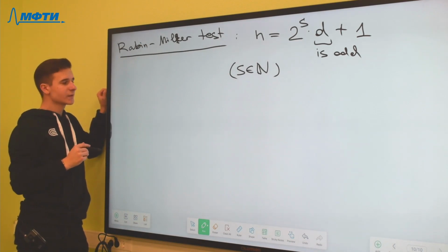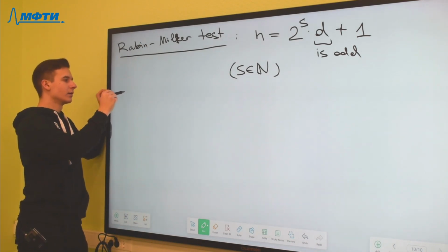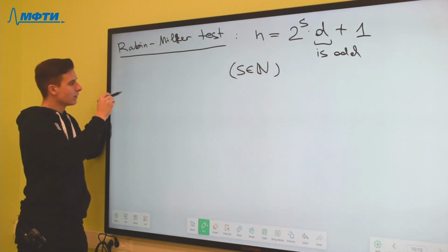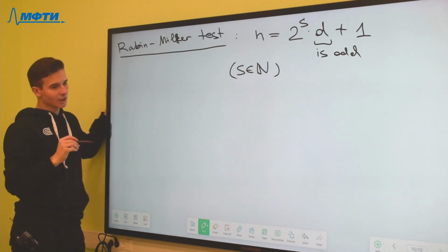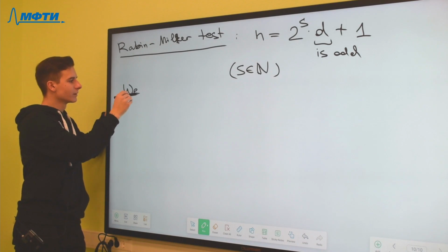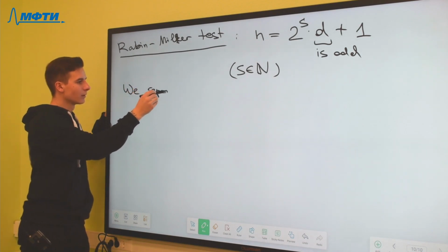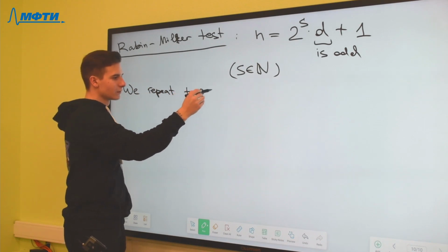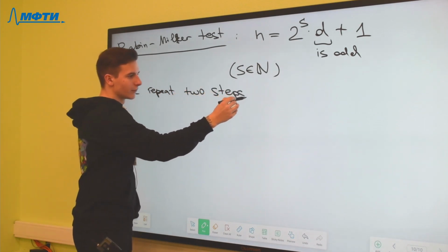And in this case, we repeat two steps from the previous algorithm.